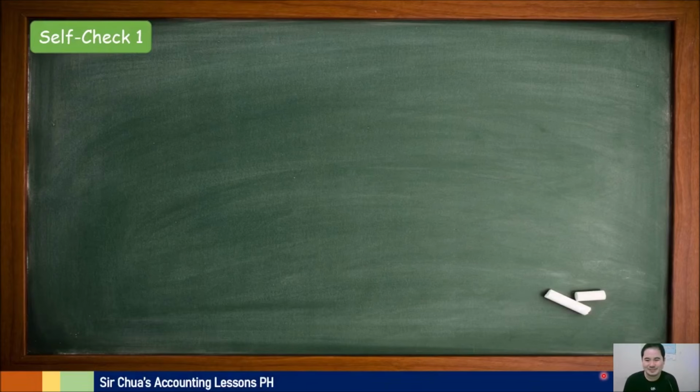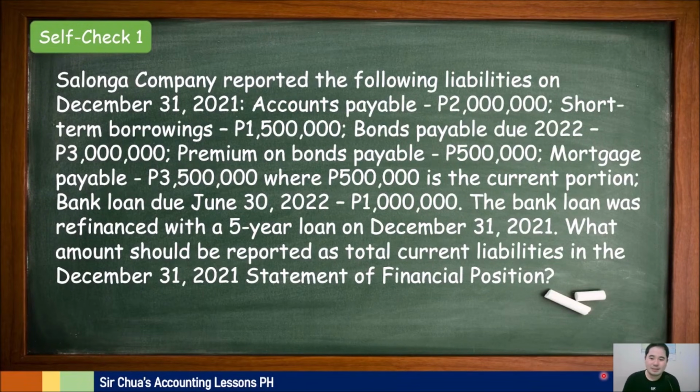Self-check number 1. Salonga Company reported the following liabilities on December 31, 2021. So you have your accounts payable of 2 million, short-term borrowings of 1,500,000, bonds payable due in 2022 of 3 million, may premium din po na 500,000, mortgage payable of 3,500,000, but the 500,000 is the current portion, and bank loan due next year 2022 on June 30, 1 million.